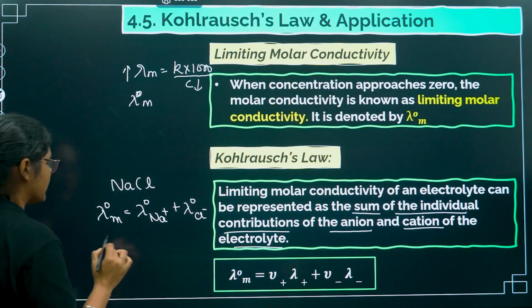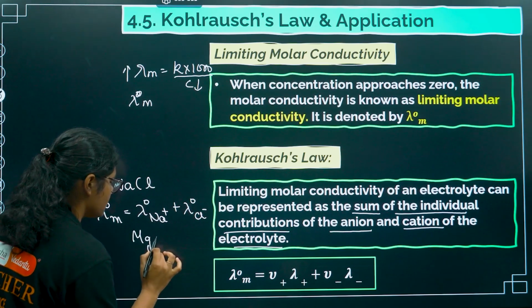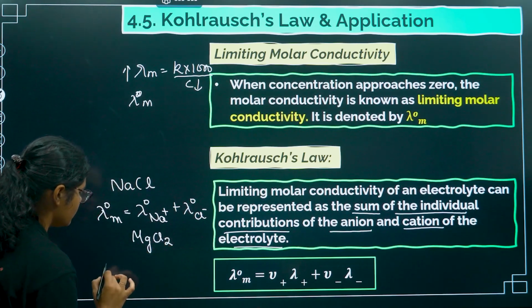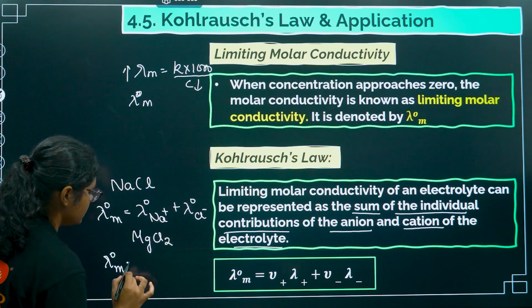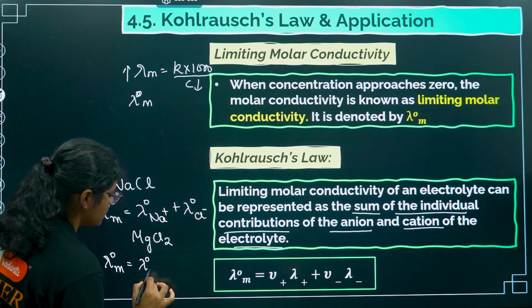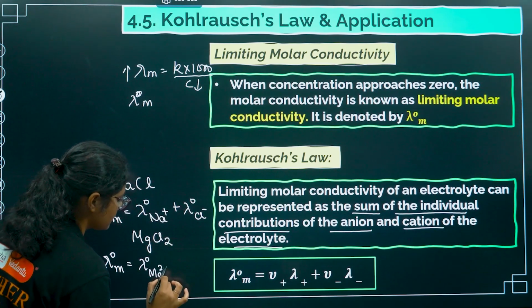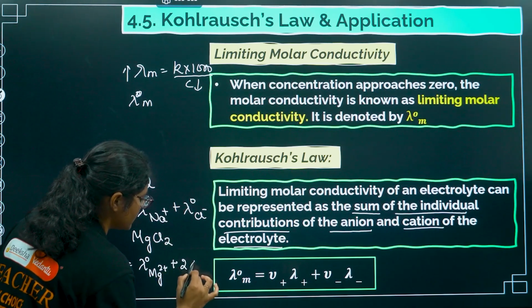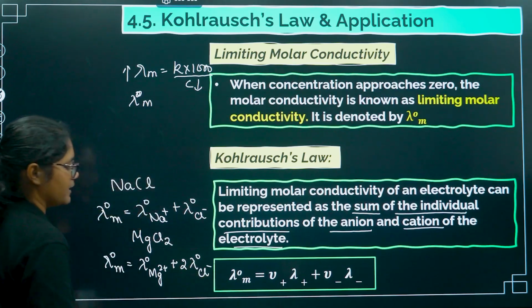Suppose I take MgCl2. Its limiting molar conductivity will be equal to that of Mg2 plus, plus 2 times that of Cl minus.